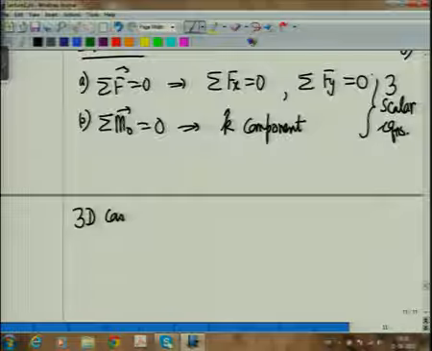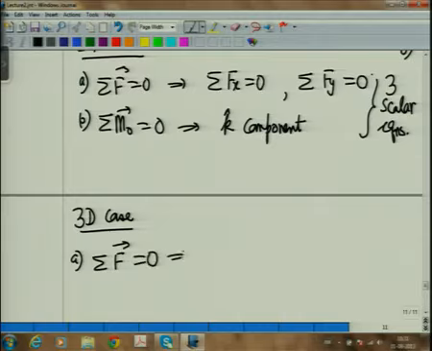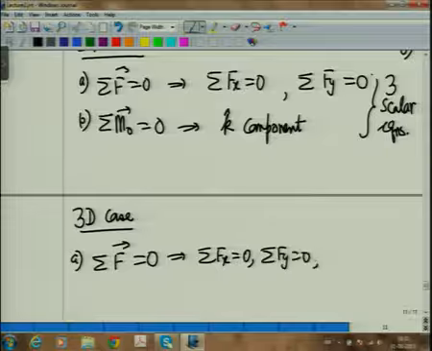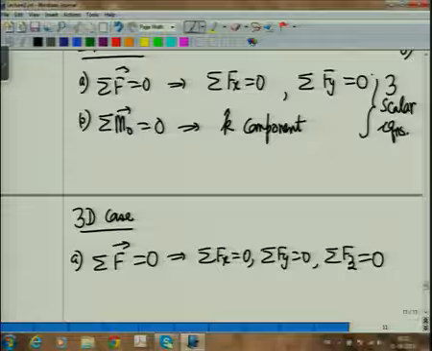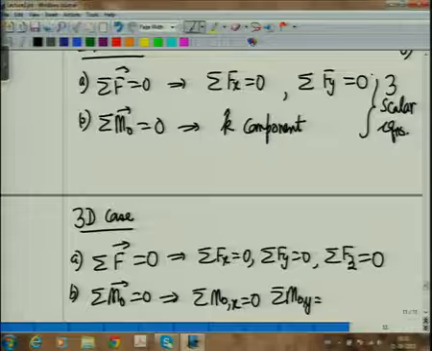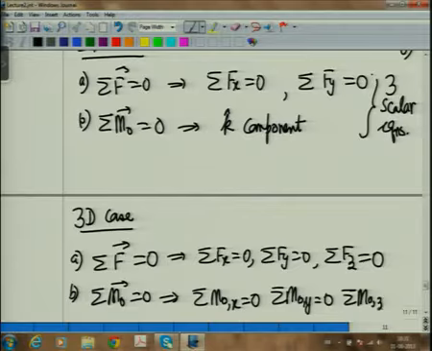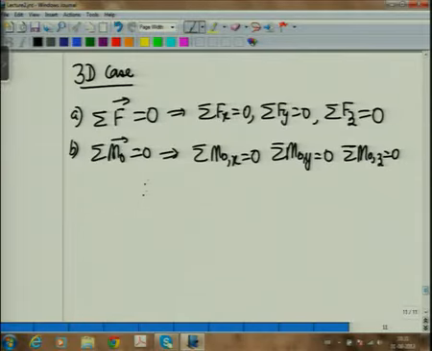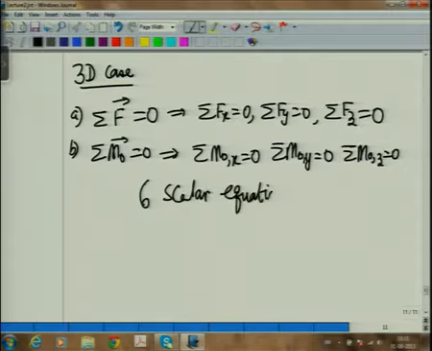In a 3D case, I will get a total of 6 scalar equations.